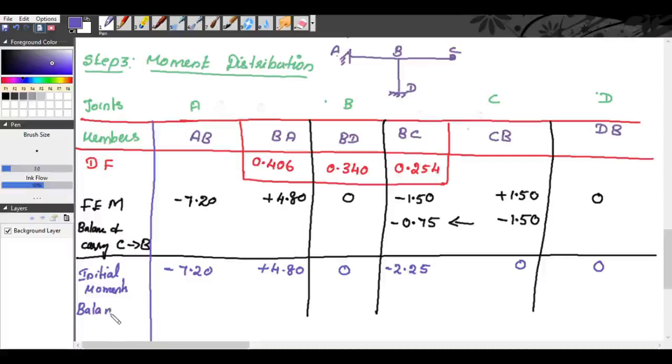Okay. Now we will go for balancing. Next step is balance. While balancing, A is fixed support, so there is no balancing there.